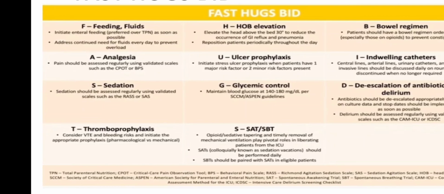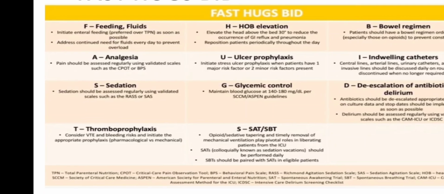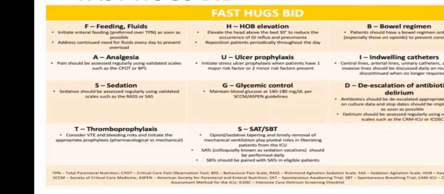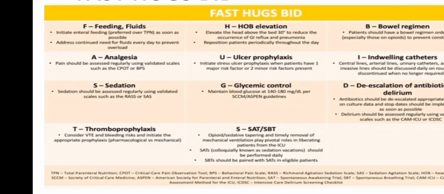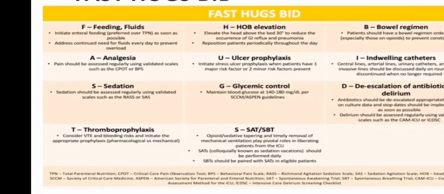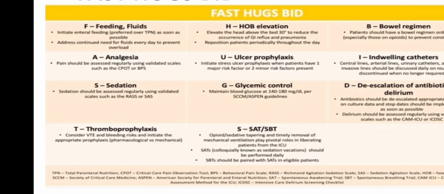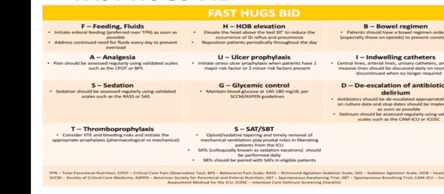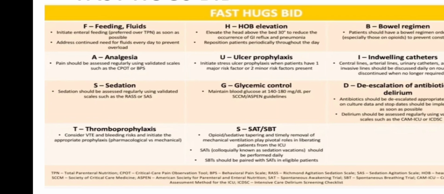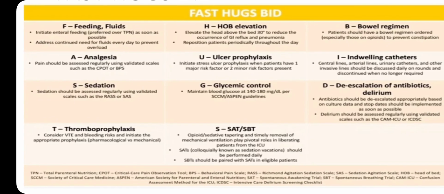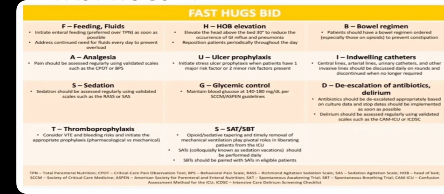CPOT stands for Critical Care Pain Observation Tool and BPS for Behavioral Pain Scale. S stands for sedation. Sedation should be assessed regularly using validated scales such as the RASS or SAS. RASS stands for Richmond Agitation Sedation Scale and SAS for Sedation Agitation Scale.